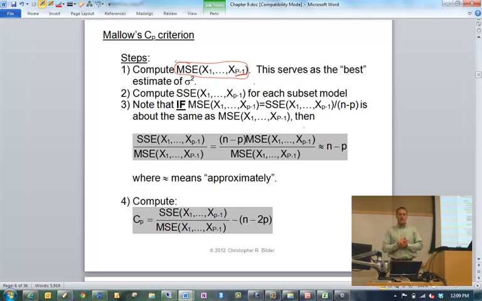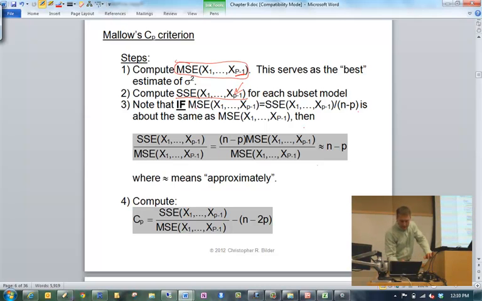Now for every model that's under consideration in terms of subsets of all your predictor variables, compute SSE for each of them. Notice how there is a little p in there. So you're going to actually be computing multiple SSEs. Like when we have 3 predictor variables, note that we had 8 different models, so you would have that many SSEs.